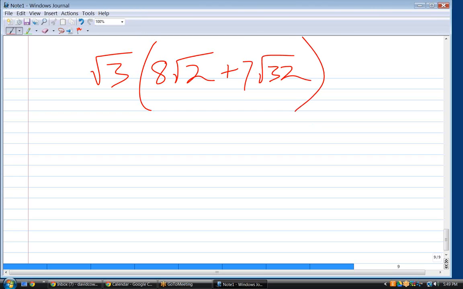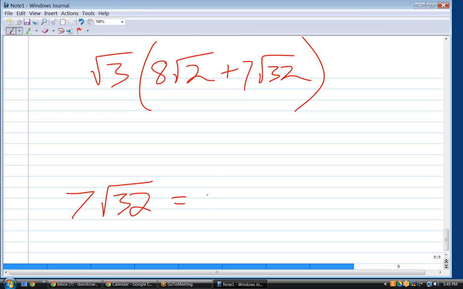Right off the get-go, we can see that we have a problem here. How do I add 8 square roots of 2 to 7 square roots of 32? Well, let's change that, because I can end up with a square root of 2 over there. Let's take that 7 root 32 and simplify it.